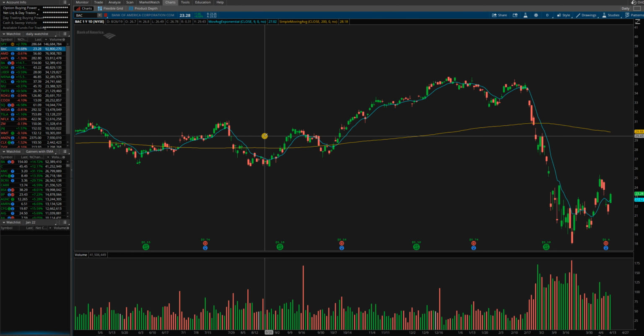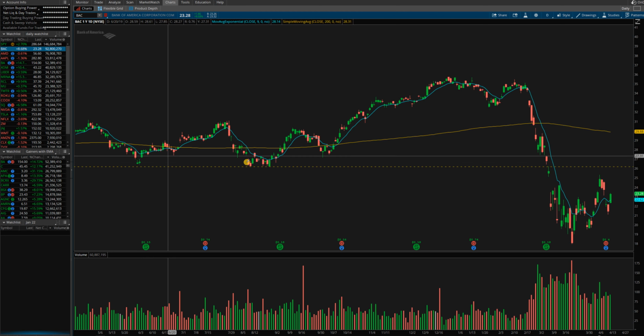Let me first show you how to do basic technical analysis. In this example, I have Bank of America. When I look at it, I should be able to draw where the support is and where the resistance is. You can see Bank of America is holding this area very well at $26.